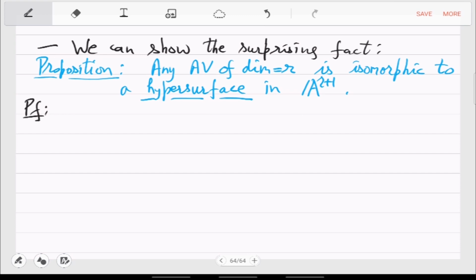Now this isomorphism will not be, as you have seen in the definition, really point by point. It's not that every solution of the affine variety and the hypersurface corresponds to each other. It will only be up to this more general field sense.